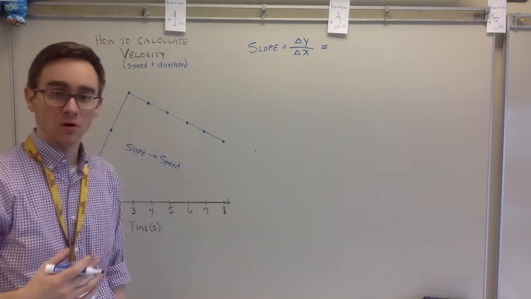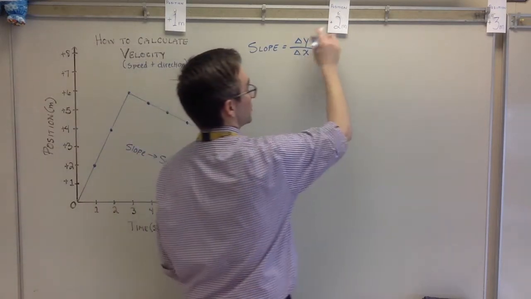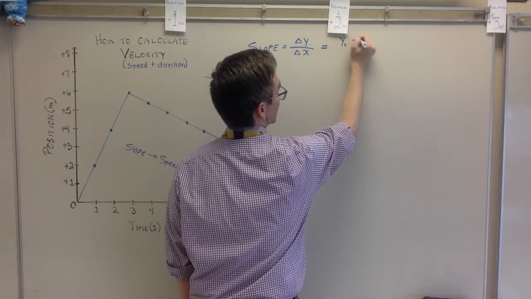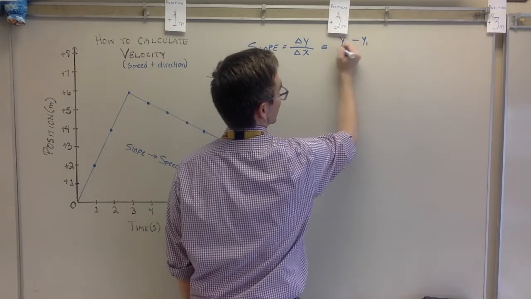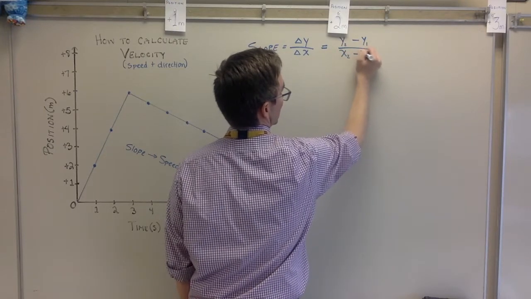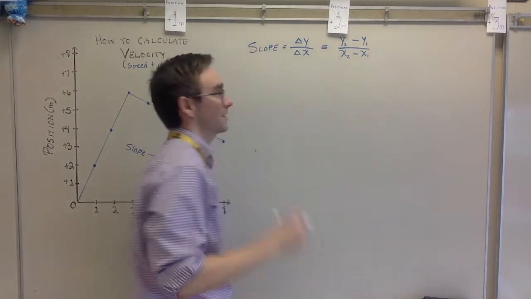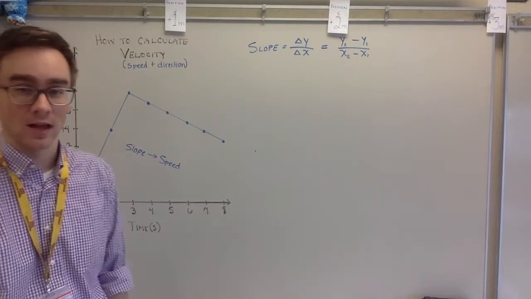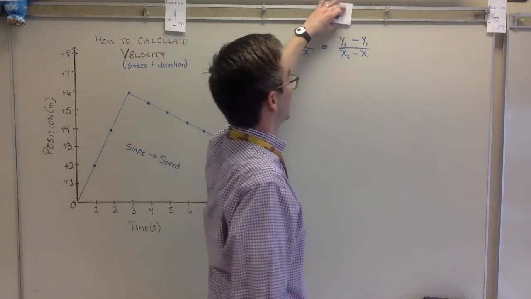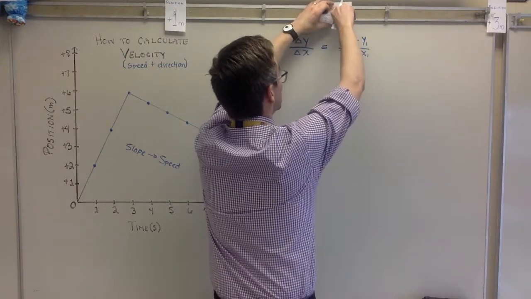And then you have 2 coordinates, and then the change in y is y2, the second y, minus y1, divided by x2 minus x1. That's how we find slope in math class. That's a kind of generic term right there. Slope.